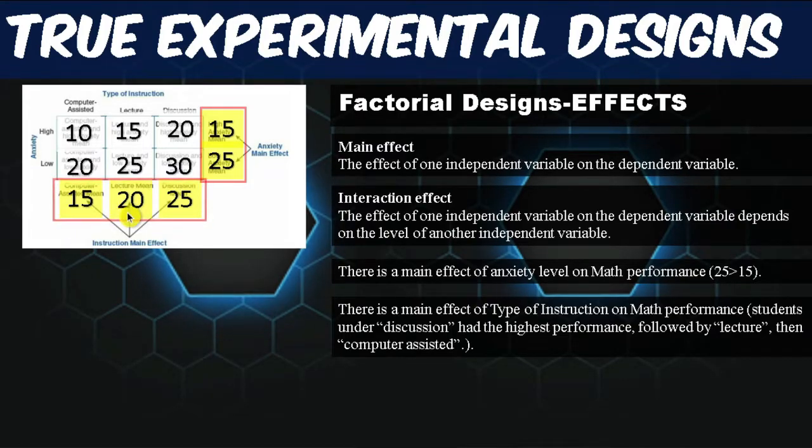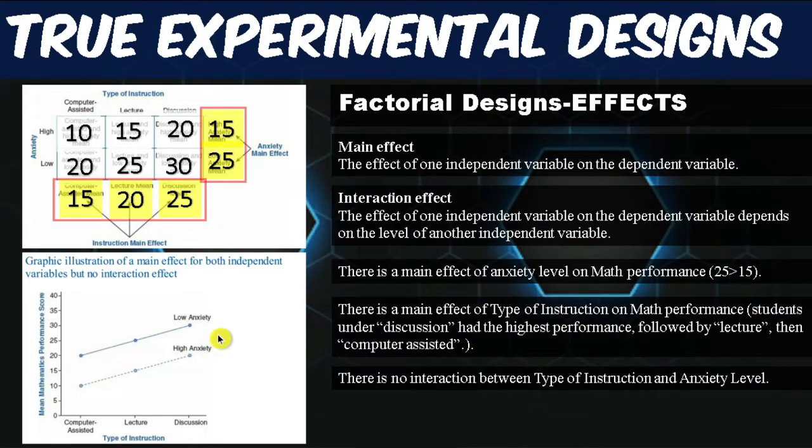Some groups have higher results or performance here. For example, under discussion, we have 25, followed by lecture, and lastly the computer assisted group. This is a case where there's a high chance that there is a main effect of this independent variable on our dependent variable. That's how we interpret main effects in a factorial design.